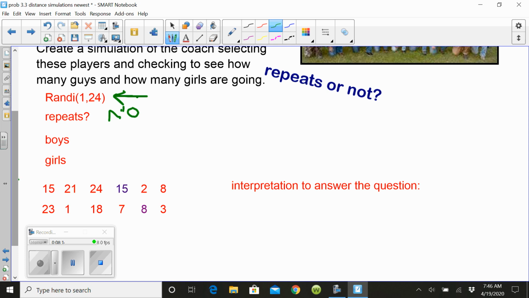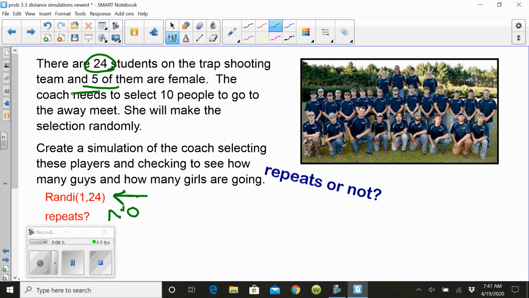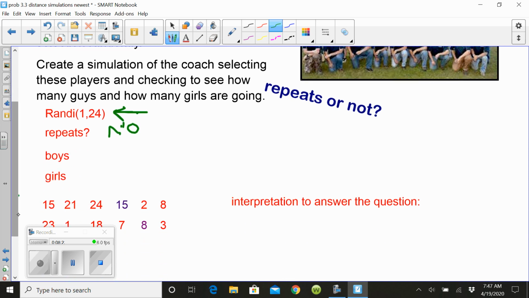And then do you remember here that 5 of the girls are female? So right here for the girls, I'm going to say the numbers, because this is just easier for me. I'm going to say the numbers 1 through 5 are the girls, and then 6 through 24 represents a guy.